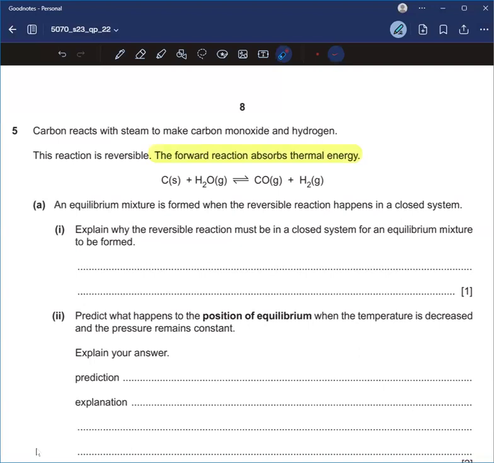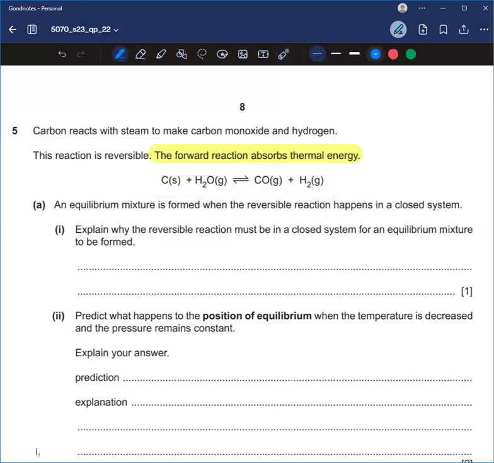Or else, if it's not a closed system, the gaseous reactants and products would escape, so an equilibrium mixture won't be formed. In order to achieve equilibrium, we require a closed system to prevent the reactants and the products from escaping.